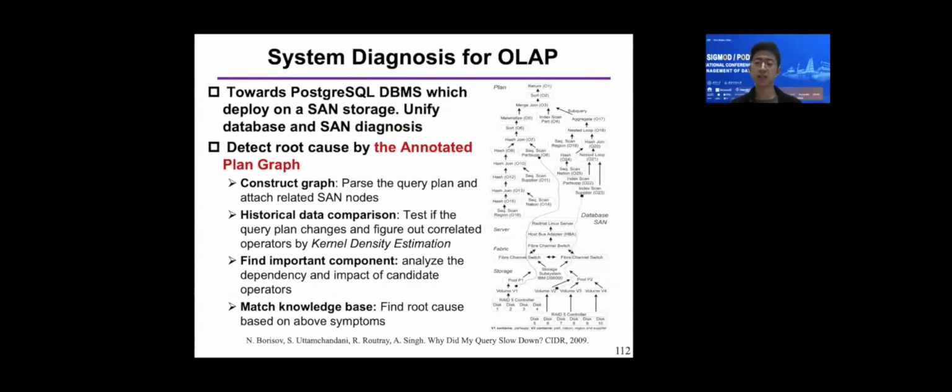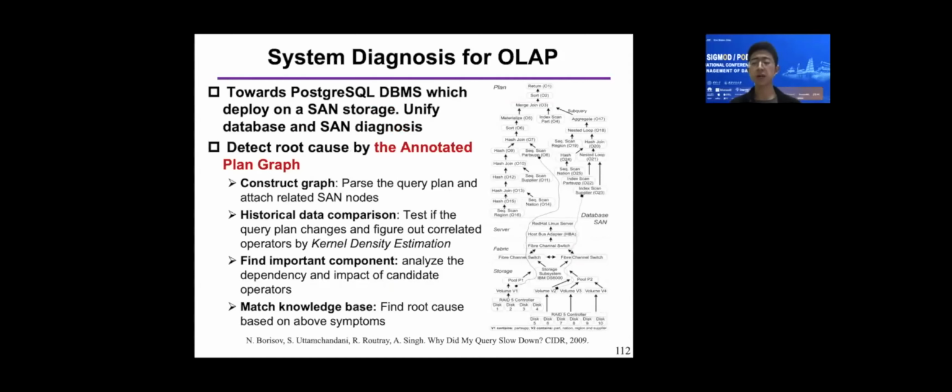Another interesting solution is to unify the diagnosis on the database, like PostgreSQL, and the SAN storage. The core idea is to build an annotated plan graph from the workflow of the query execution.